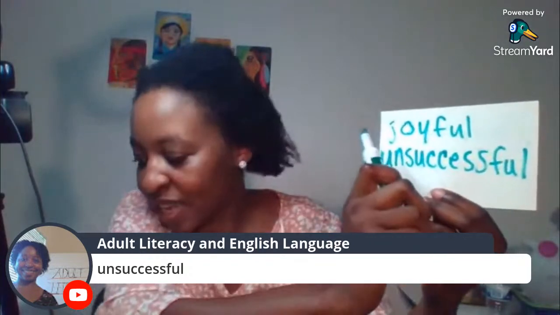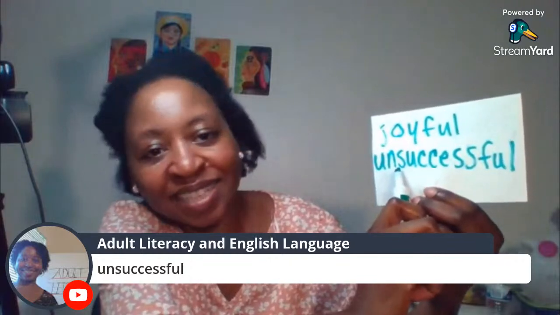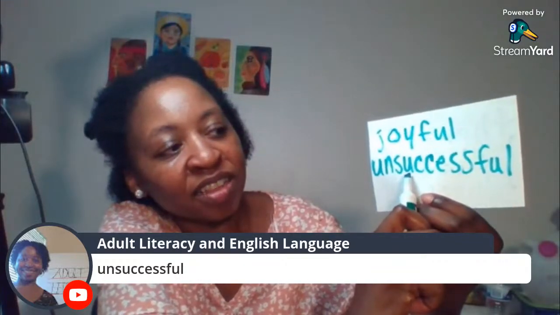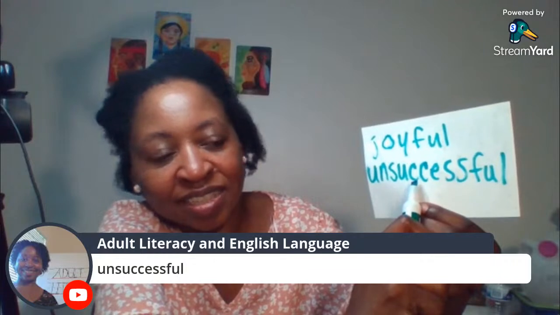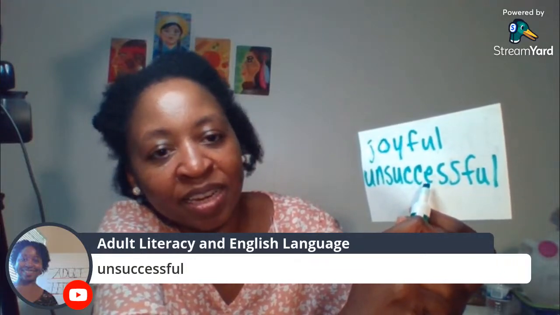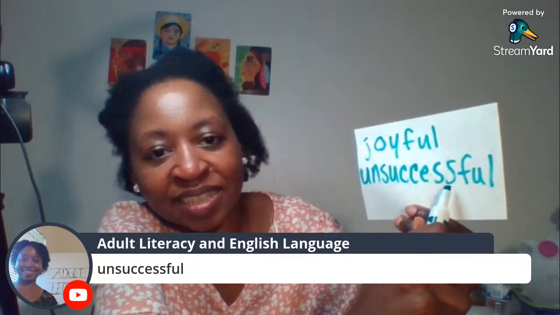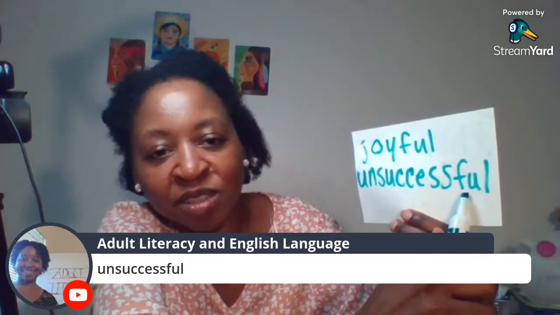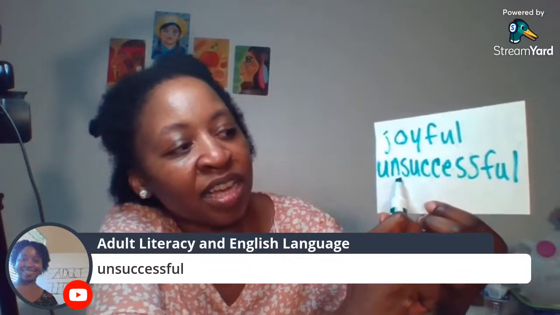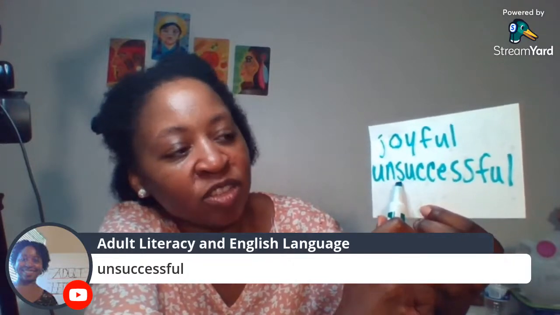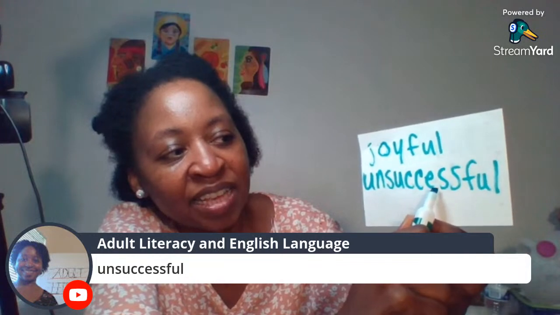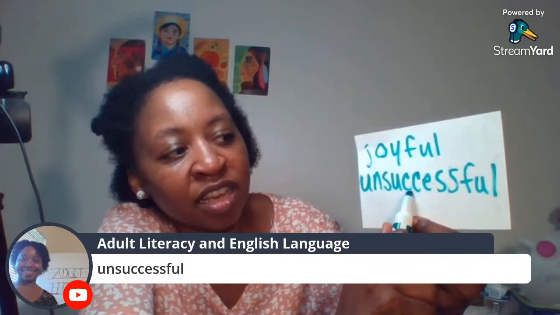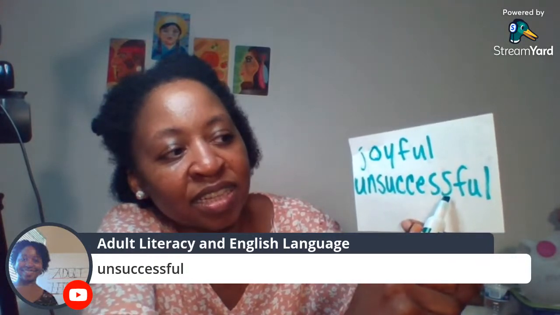UN has the un sound. S has the s sound. The U in this word has the u sound. C has the k sound. E right here has the S sound. S has the s sound. And then we have the suffix full, F-U-L. Un, su, k, ses, full.